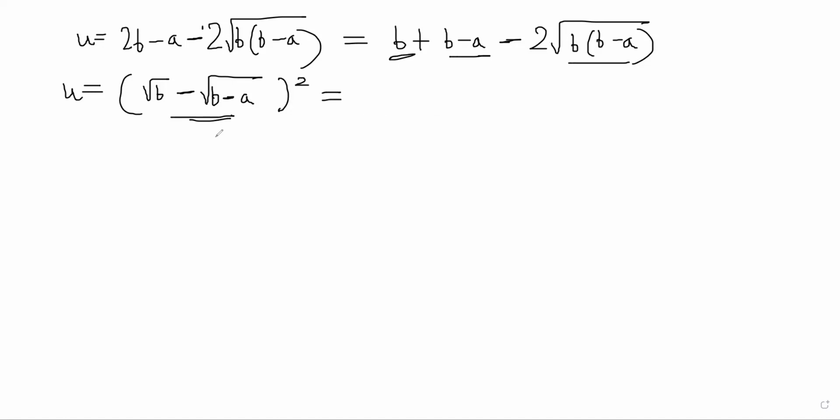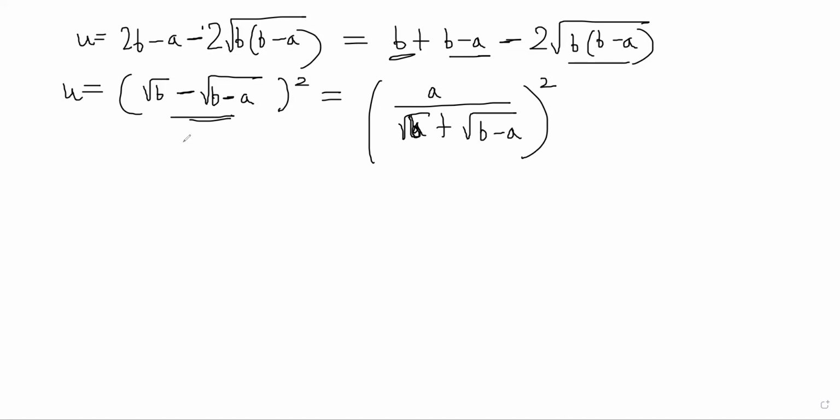And now here I can transform this and write it as a by root b plus root b minus a whole square, right? Root b minus a, and if I multiply it with root b plus root b minus a, what will I get? b minus b minus a, correct. So I'll get a.